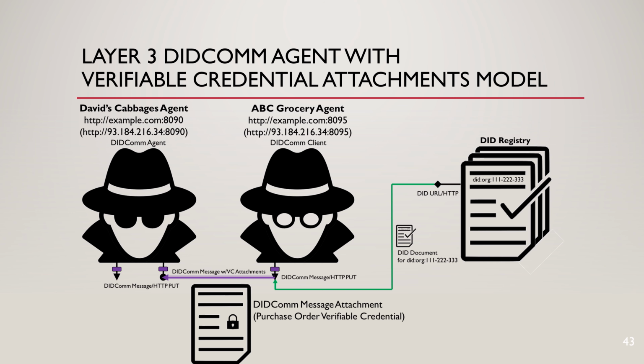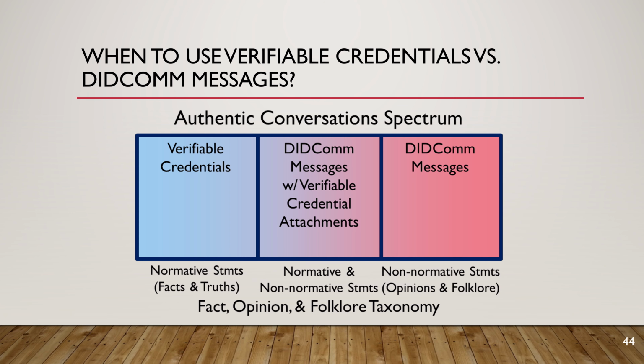So with that as an introduction, I introduced the concept of the authenticated conversation spectrum. And this is my contention, that verifiable credentials should only be used for normative statements, things that are facts and truths. Anything that is more non-normative, opinions, folklore, speculations, I've got a taxonomy we're going to look at in a minute, should just be encoded as a DIDComm message.